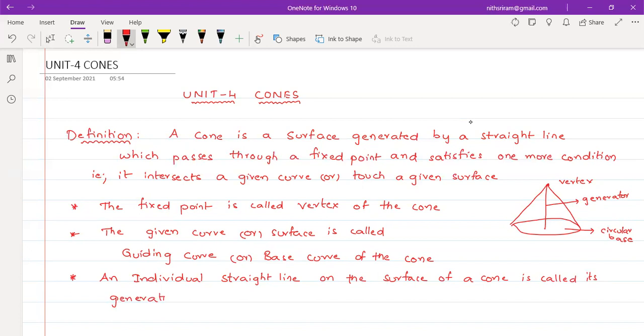So it represents the generator of the cone. So this is about the cone. We have to keep in mind that the fixed point of the cone is called the vertex, the guiding curve or the surface is called the guiding curve or base curve, and the individual straight line of the cone is called its generator.